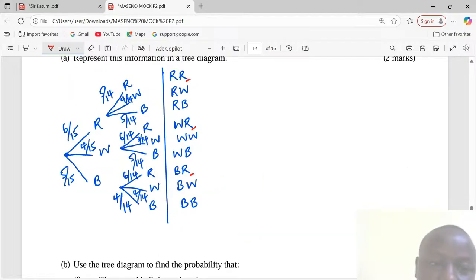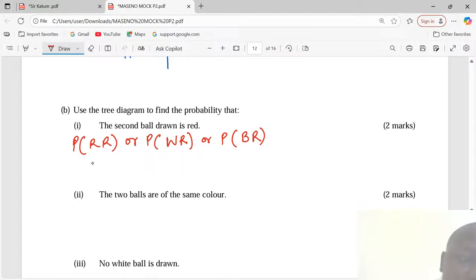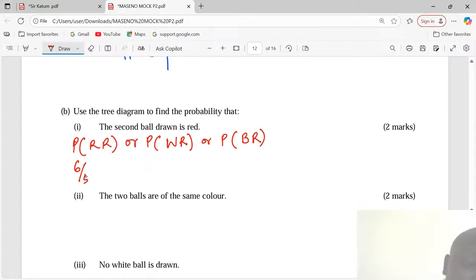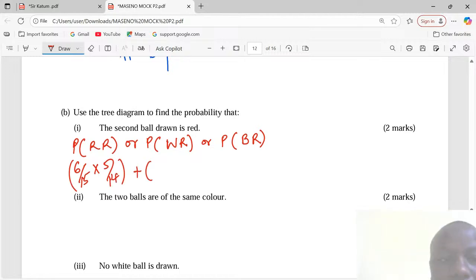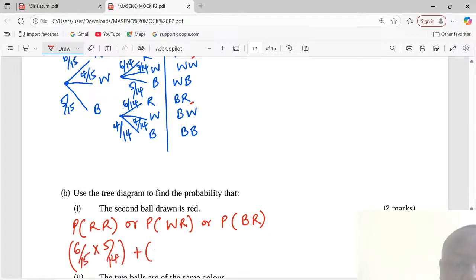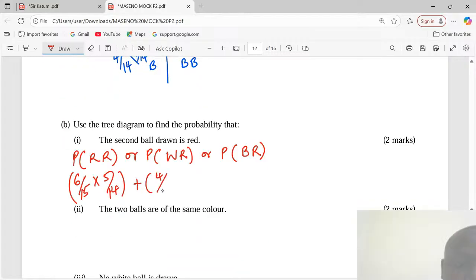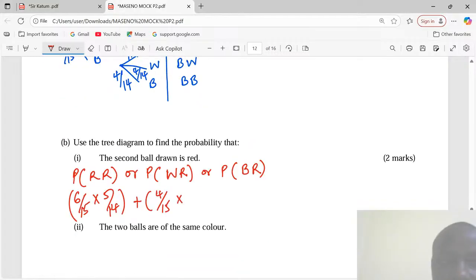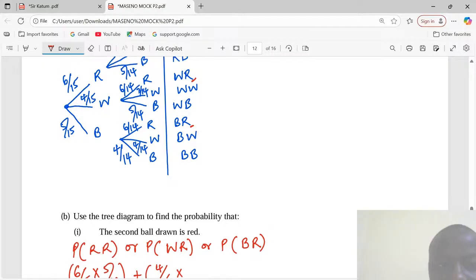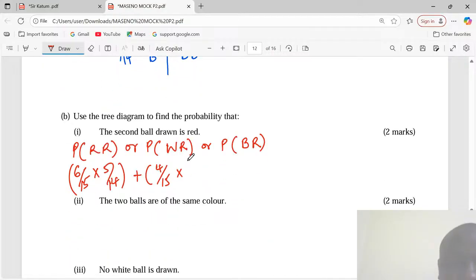Red, red means 6 over 15 times 5 over 14, or, which means addition, white, which is 4/15, then red, which is 6/14, or means addition.